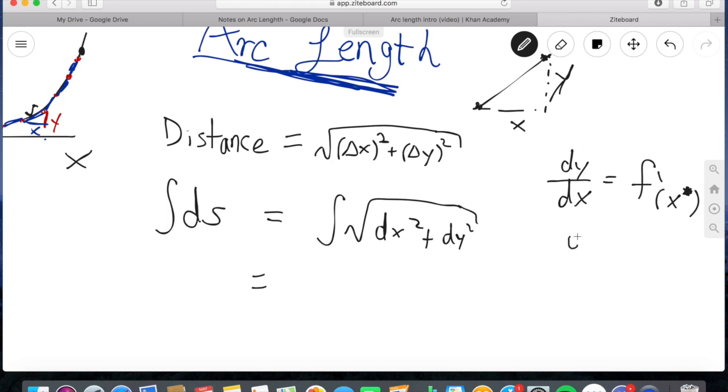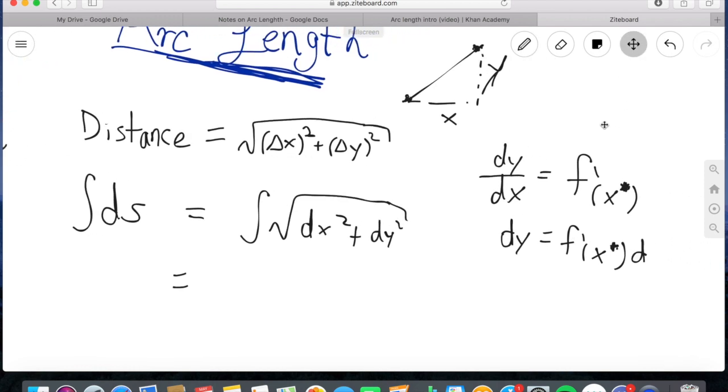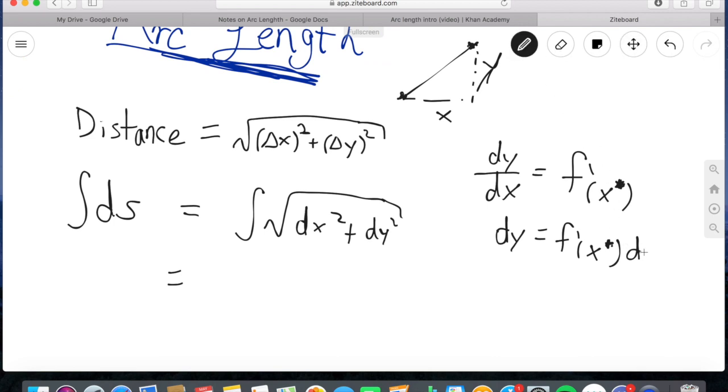But if we rearrange this, it becomes helpful to us in terms of arc length, because we will have the derivative at the certain x value times dx, that will be equal to dy.